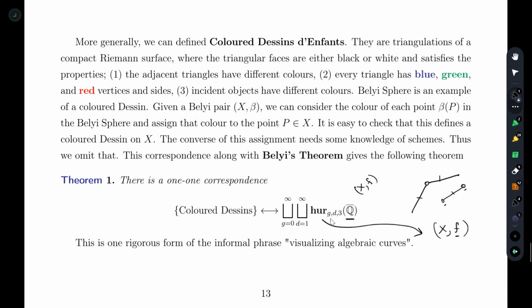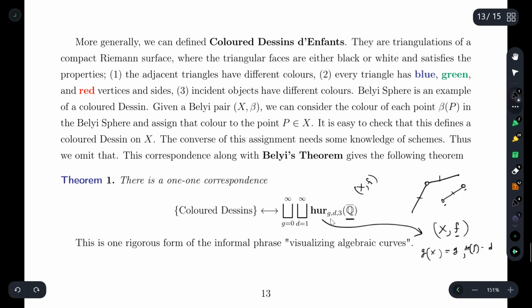So this is nothing but the equivalence classes of pairs X and F, where the genus of X is G, the degree of F is D, and F has at most 3 critical values. So that means that the Riemann surface is defined over algebraic numbers by Belyi's theorem, right? So this is some kind of scheme, right?